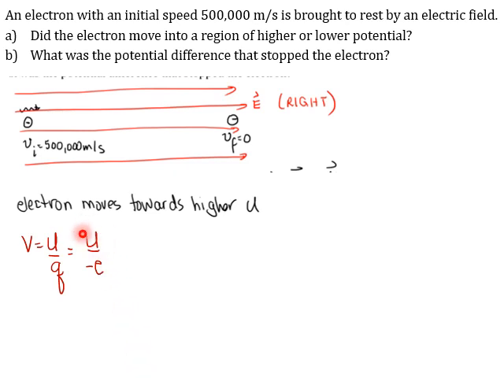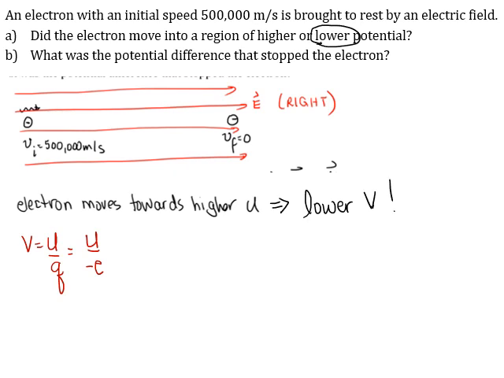This tells us that V has the opposite sign of U. So if it moves towards higher potential energy, because V is U divided by a negative charge, it must move towards lower V. Okay, so that tells us it moves towards lower potential.